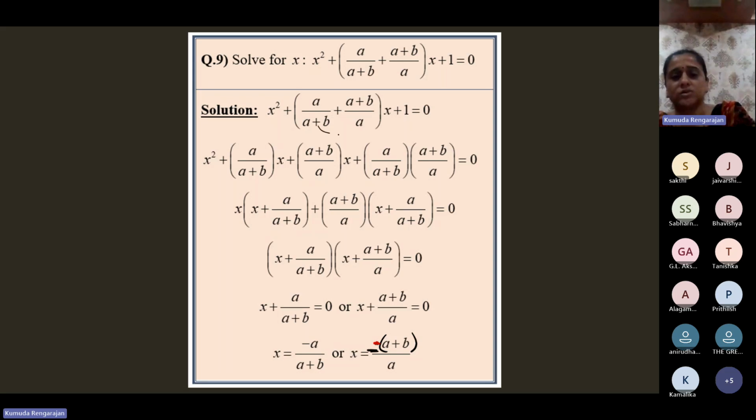This into this, this into this. When you do all this, you will have 4 terms: 1 x square term, 2 x terms, and 1 constant. So group the first 2 terms, take out the common factor, and write the relevant thing inside the bracket. Then again, between the third and fourth term, write out the common factor, and in the bracket, put whatever is relevant.